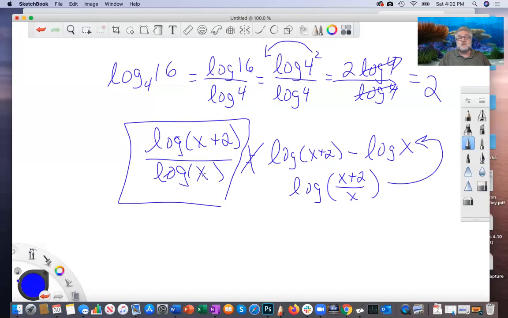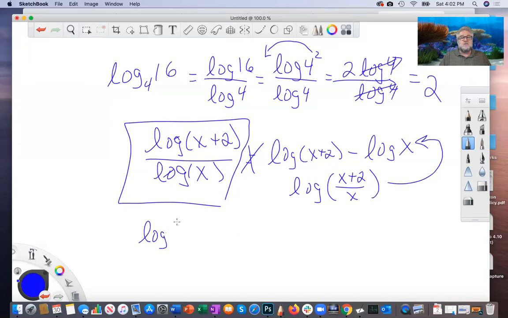You cannot cancel things from inside the log function unless they're the same thing. Then you can cancel this whole thing and that whole thing because they're identical. But if they're not identical, you can't do anything to this. You can't cancel anything. So don't cancel from inside the log functions.